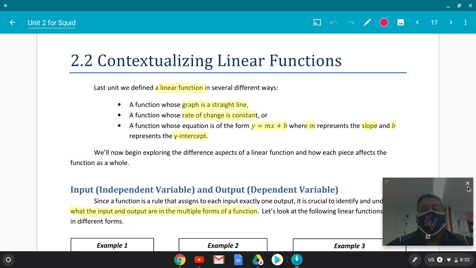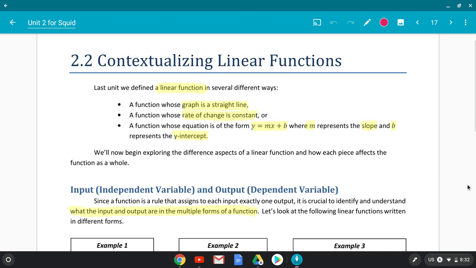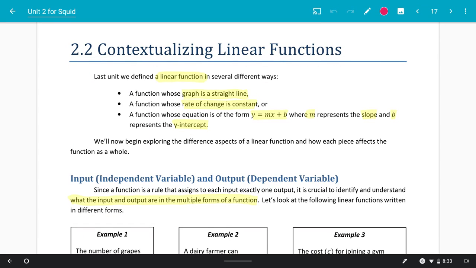First things first, what does contextualize mean? We talked about this previously in the last unit. What does contextualizing mean? All right, might as well define this.